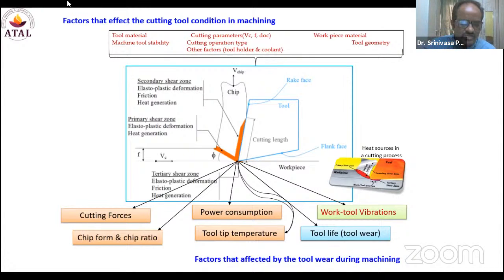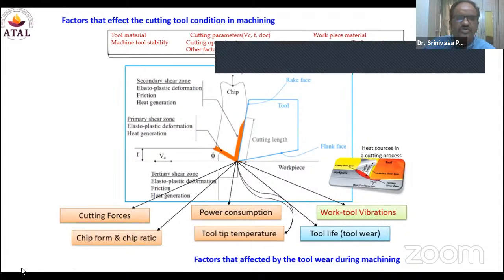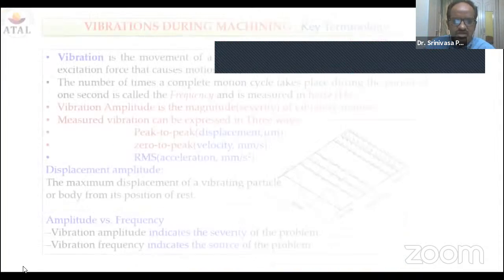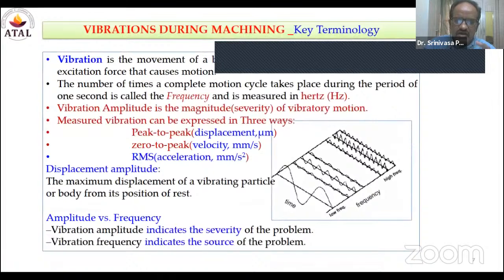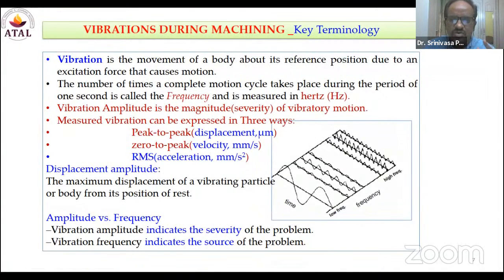As part of this presentation, I am going to give a scope for working beyond 10,000 RPM. The machine we procured with DST funding is capable of working up to 18,000 RPM.